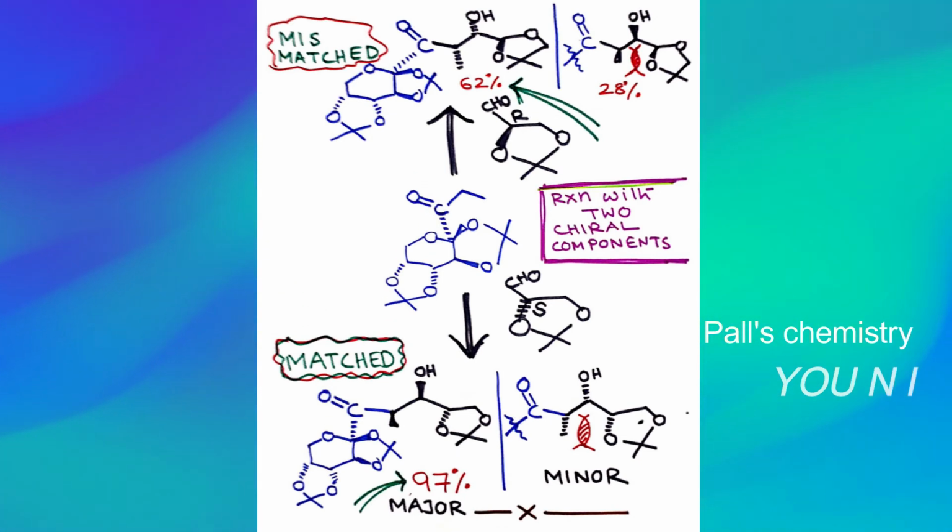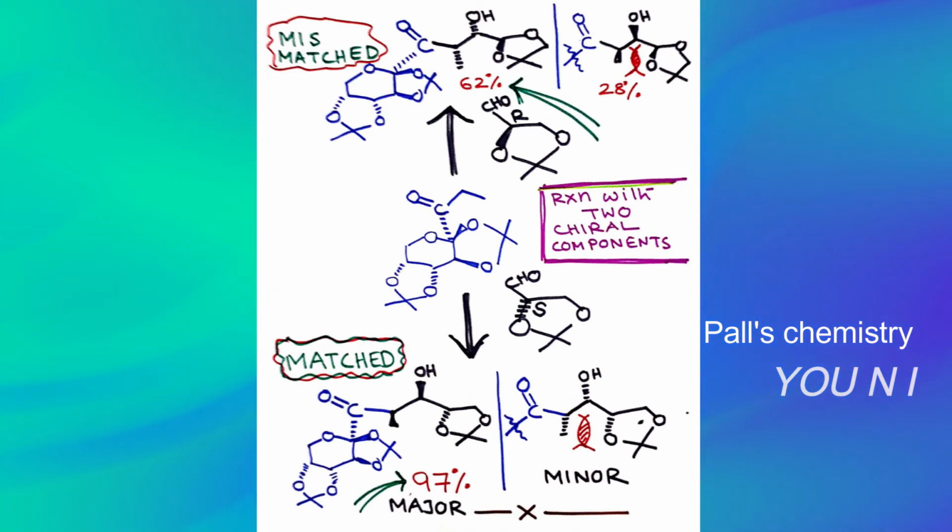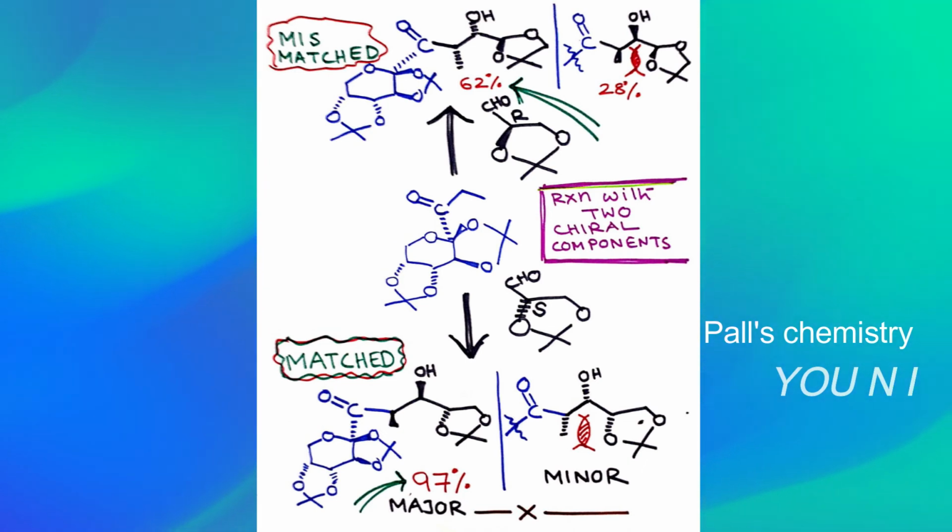Now let us discuss what type of reactions are called matched aldol and what type are called mismatched aldol. Before explaining these terms, I would like to mention that these terms are based exclusively on the percentage of the major product in comparison with the case where only one reactant is chiral, as I have already explained with one example.